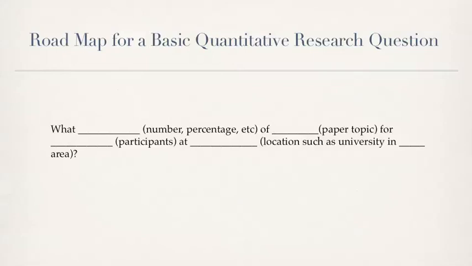So what number, percentage of the topic of the paper for your participants at the location, such as the university or universities in a specific state or local area. And if you're using mixed methods, you can also use what or how sometimes as well, and then you tell the reader that you're going to use mixed methods afterwards. And you'll also know that from the choice of some of your survey instruments as well.